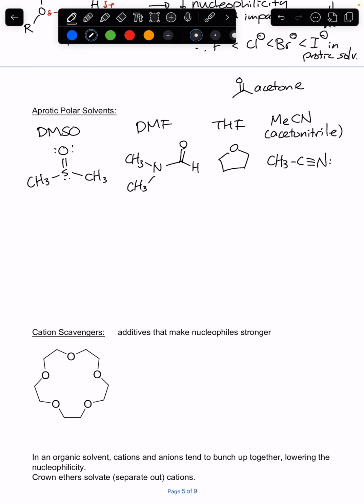Okay, and maybe I'll write out the name. Dimethyl sulfoxide is what DMSO stands for, and DMF stands for dimethylformamide.